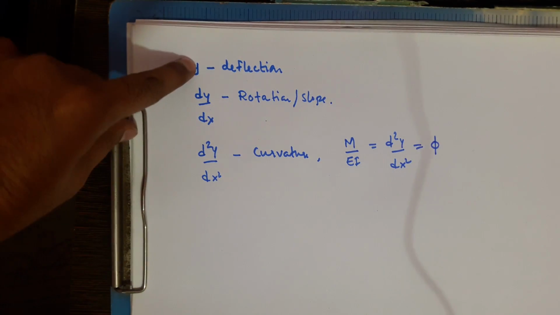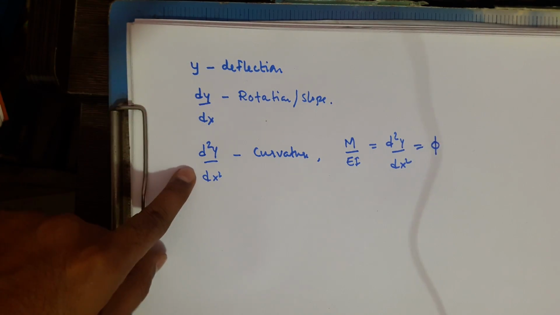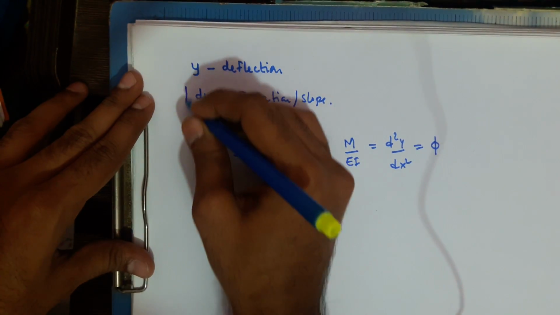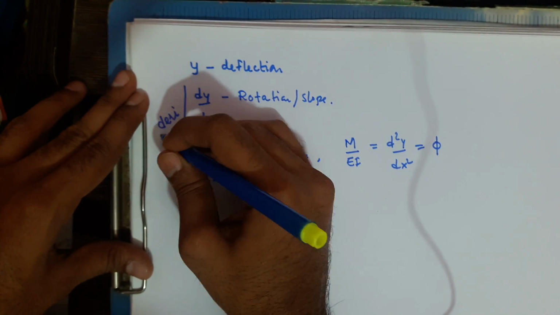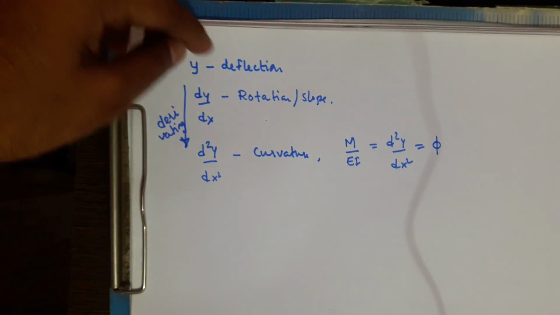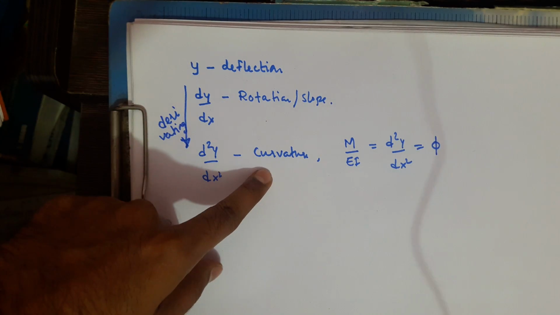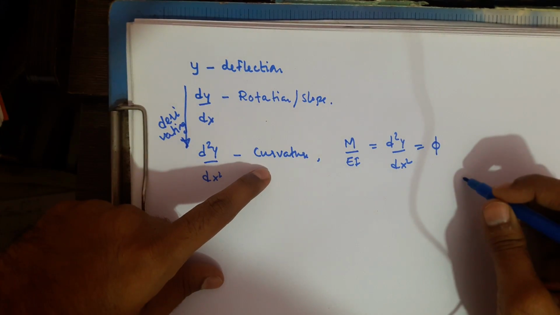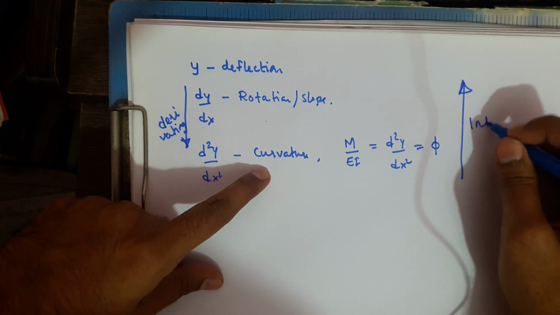Okay, so when you differentiate y, you will get rotation. When you differentiate rotation, you will get curvature. So in this way, we are going in this direction, differentiating. So you are getting rotation from deflection, and curvature from rotation. And if we go in the reverse direction, it will be integration.